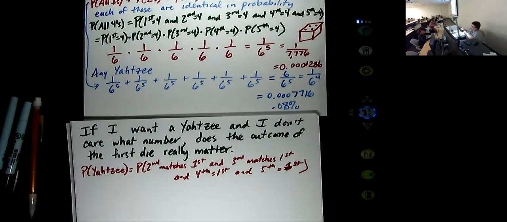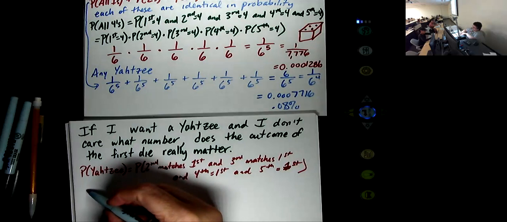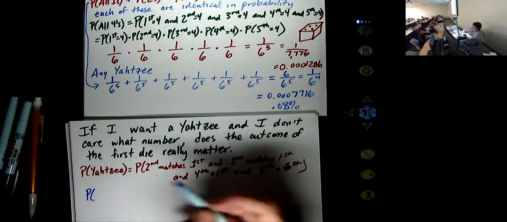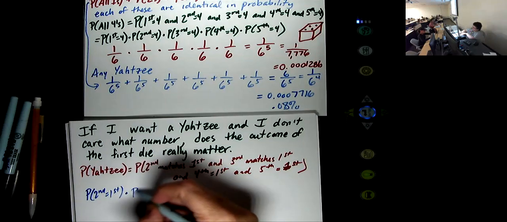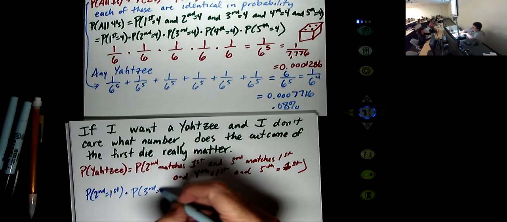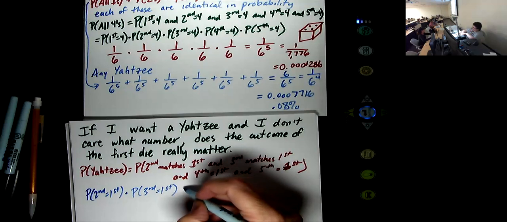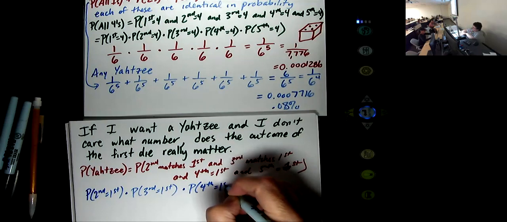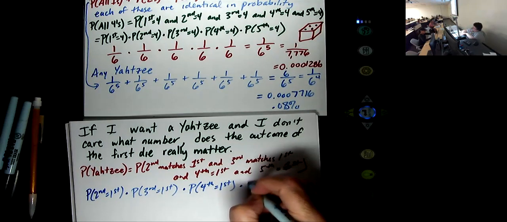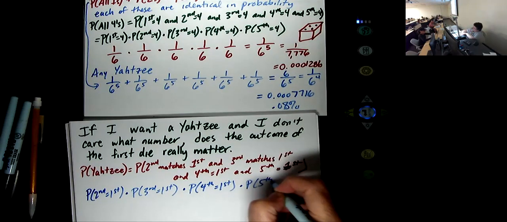And the and turns into multiplication. Probability that second equals first times probability that third equals first. And I'm talking about the way the dice land, like the third die to stop rolling. The probability the fourth die matches the first die times the probability that the fifth die matches the first die.